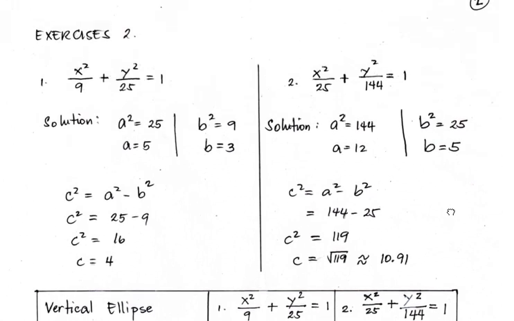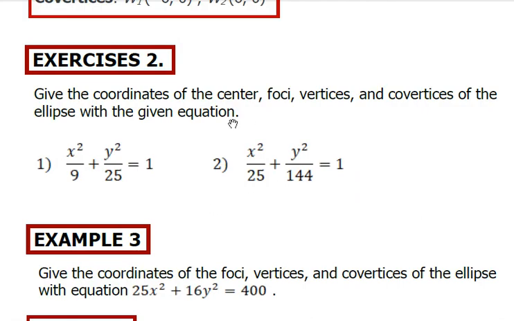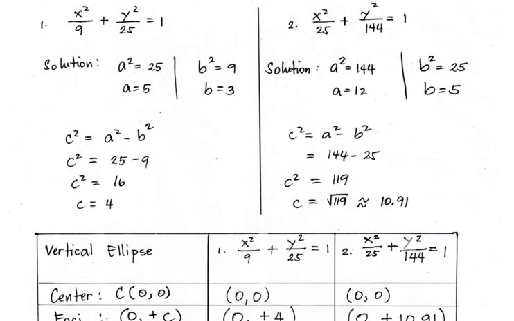For number 2, we have x squared over 25 plus y squared over 144 equals 1. Solution. We have to determine again which is bigger, 25 or 144. Obviously, 144, that is a squared. A is 12.